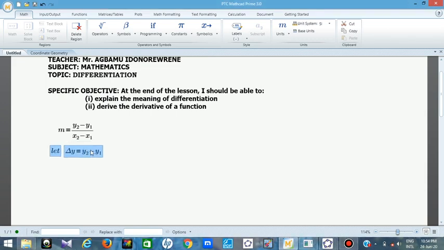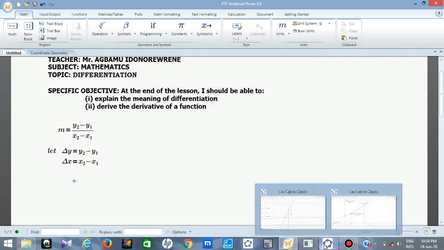Okay, and let's also take this as delta x. So let delta x also be equal to x2 minus x1. Okay, so that is the changes.